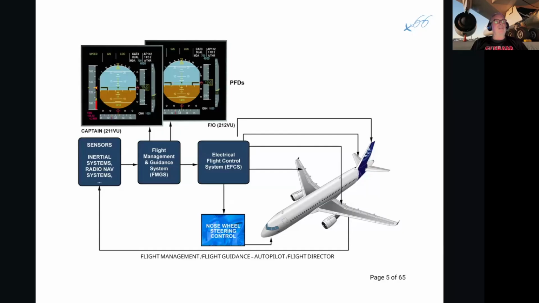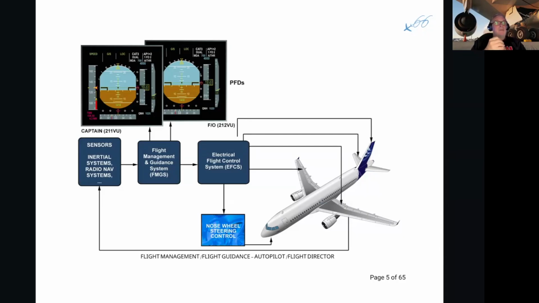What is the flight director? The flight director is an app which takes all the calculations and gives the commands, using command bars, to the human pilot or the automatic pilot to follow.